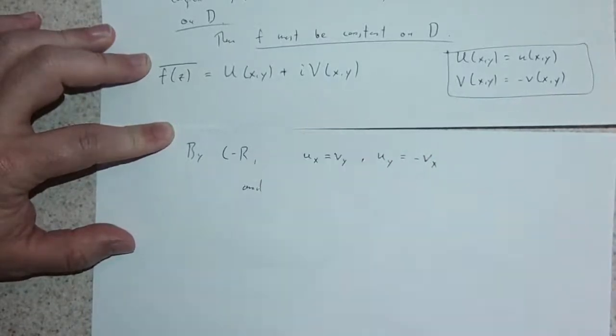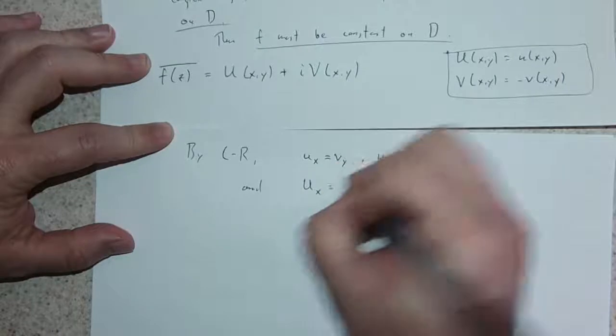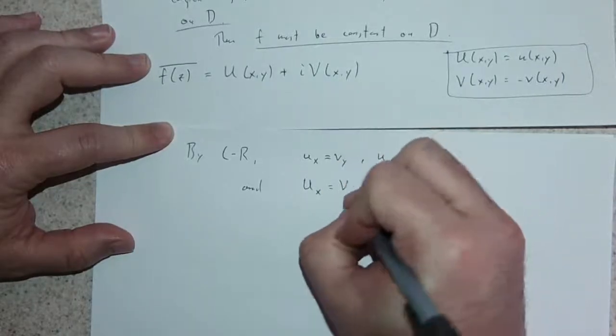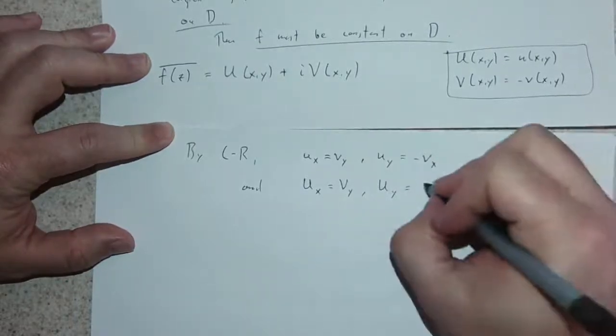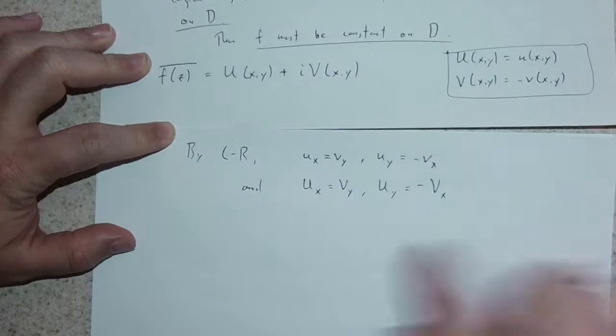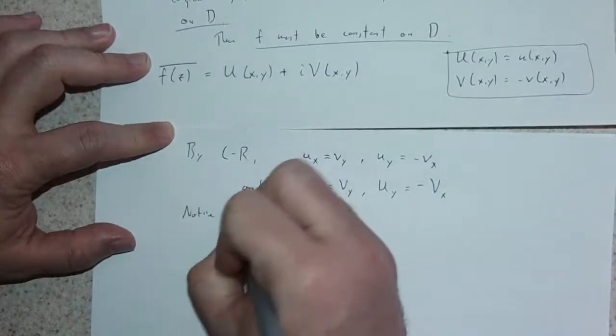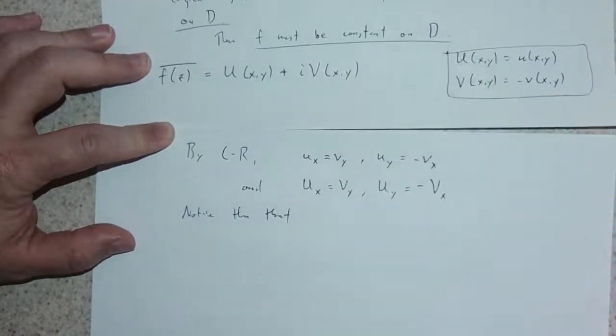And for f bar, we also have that big U sub x is equal to big V sub y, and big U sub y is equal to minus big V sub x. Of course, notice then that because of what I've boxed here, that big U and big V are actually just little u and minus little v, then what do I get from these relations?